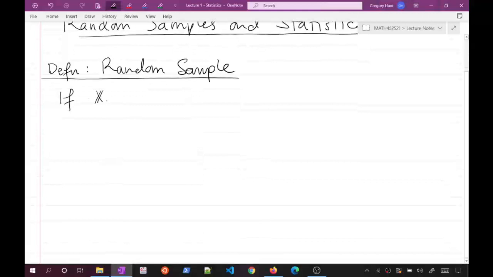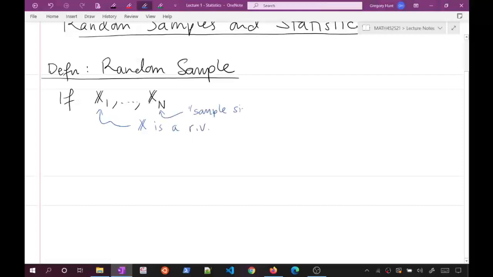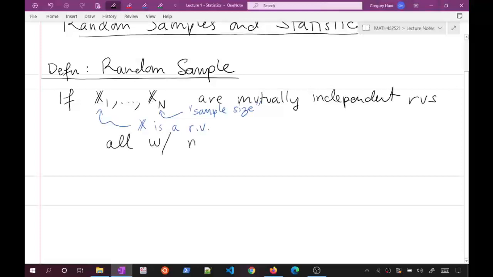So if I have some random variables X1 to X capital N, where this blackboard bold X is a random variable, and N is what we're going to call my sample size, and they are mutually independent random variables, and they all have the same marginal distribution. We're going to generically denote the marginal distribution of all these as some F.